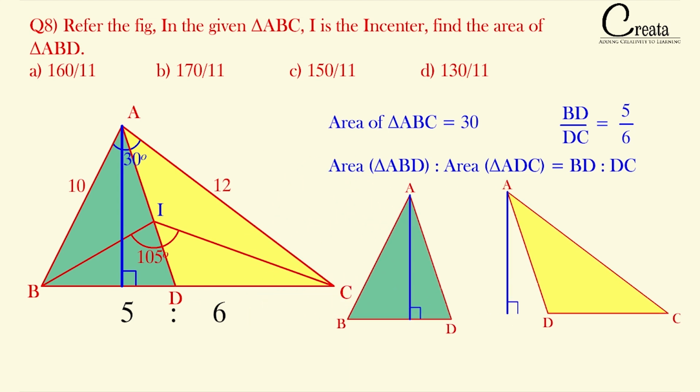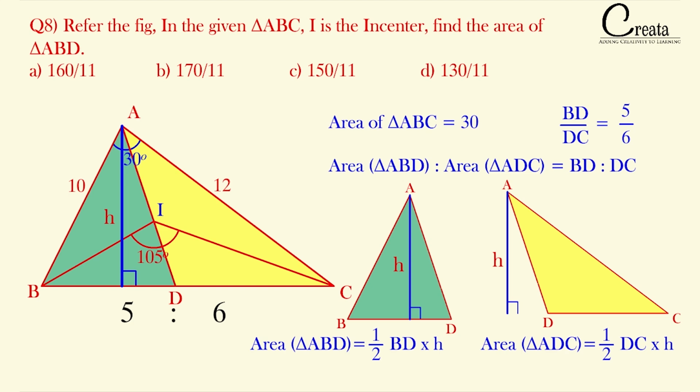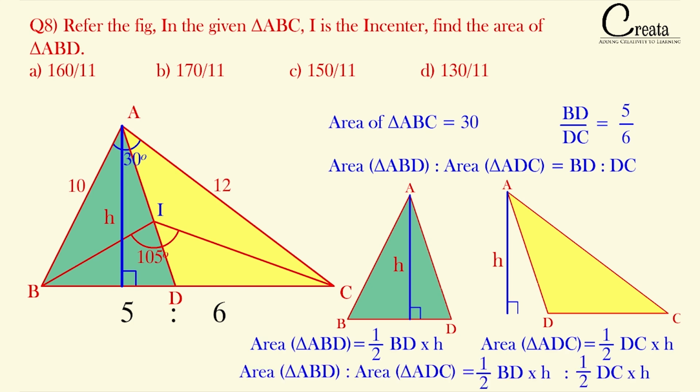If we take the area of the triangle ABD, it will be half into BD into H. Here H is the altitude. Further, the area of the triangle ADC is equal to half into DC into H. Here H is common in both the triangles. If we take the ratio of the area of triangle ABD to the area of the triangle ADC, half and H will cancel out and we will remain with BD upon DC.